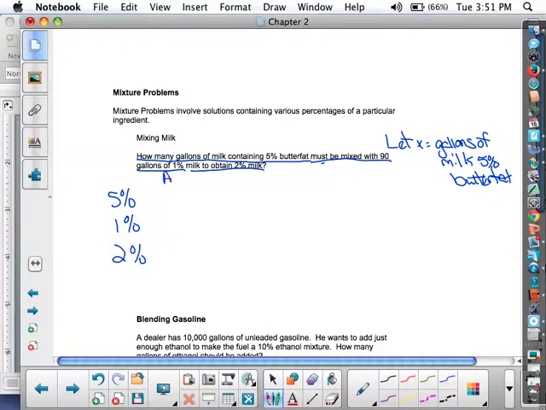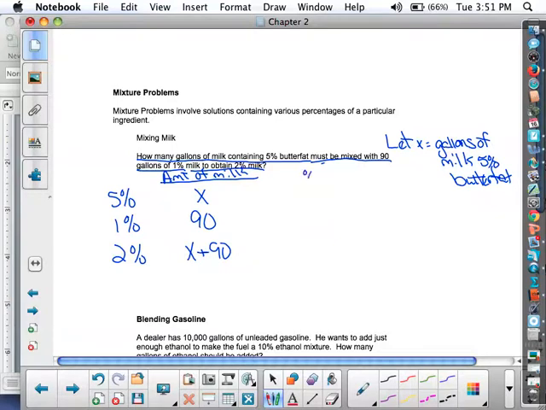So the amount of milk with each percent I'll list here. The amount of milk with 5% is x. The amount of milk with 1% is 90 gallons. And when I'm done, I'm going to have x plus 90 gallons. So however many gallons of milk I add to the 90 gallons, that'll be the total quantity I have.